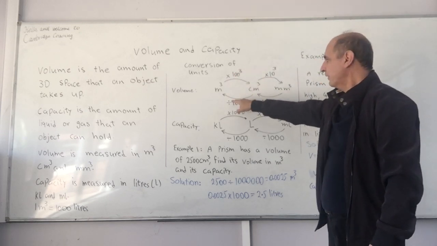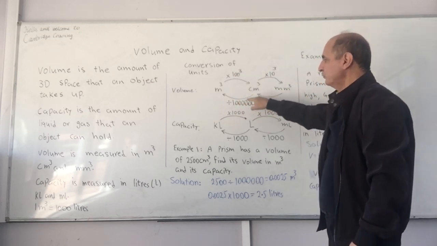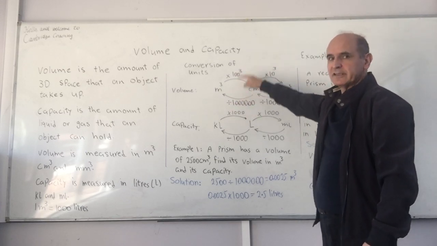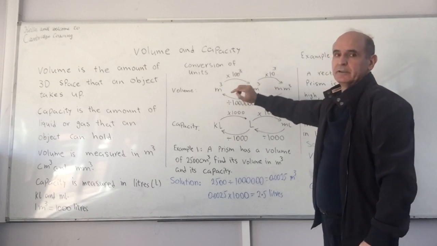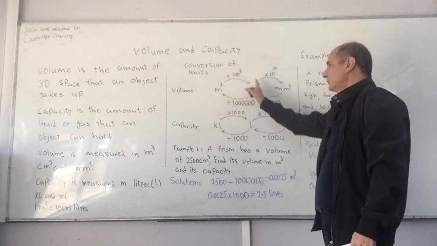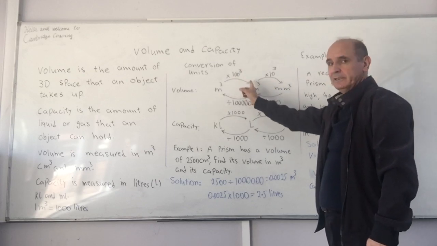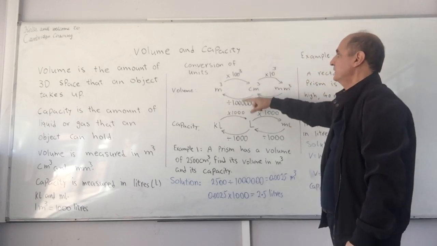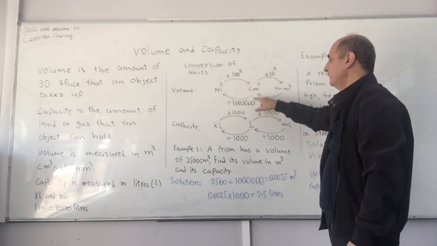But 100 to the power of 3 is a million. They are the same thing. So when you're going to cubic centimeter, times by a million, or 100 to the power of 3. When you're going backwards, divide by 100 to the power of 3 or a million.